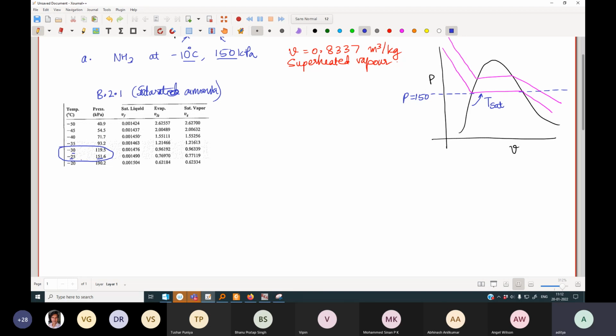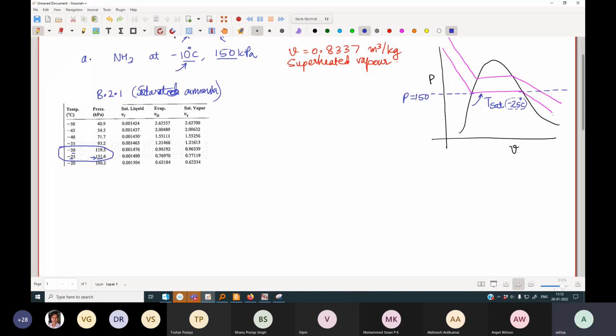And it will obviously be closer to minus 25 degrees Celsius, because minus 25 degrees Celsius corresponds to a saturation pressure of 151.6 kilopascal. So let's say this Tsat is somewhere in the neighborhood of minus 25 degrees Celsius. In our question, we have been asked the state of ammonia at minus 10 degrees Celsius.